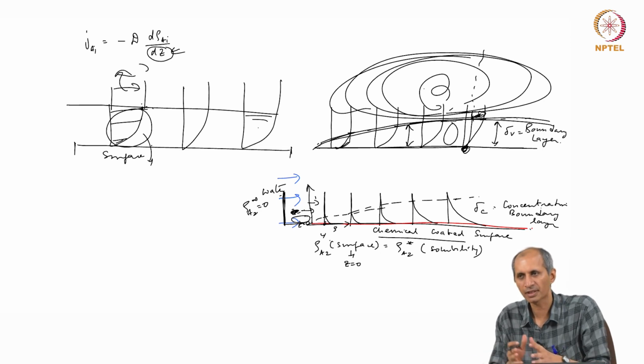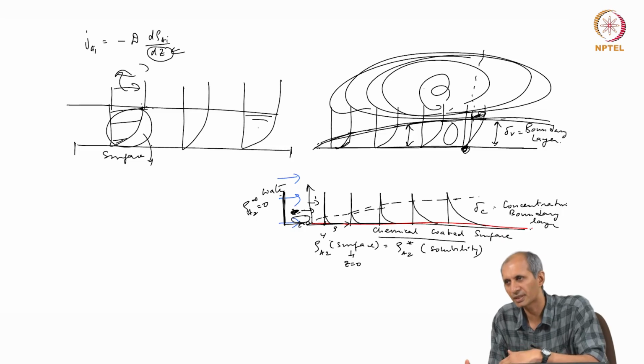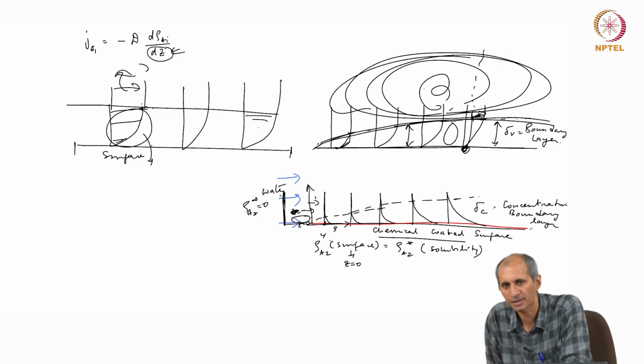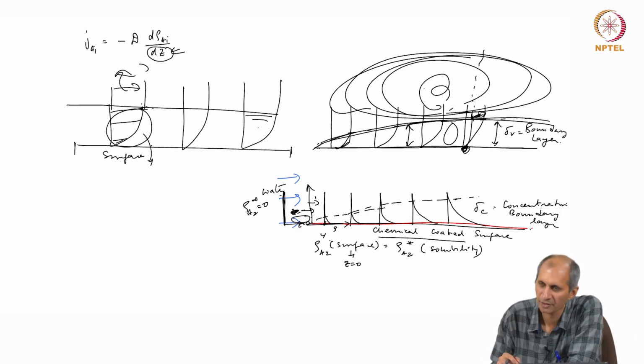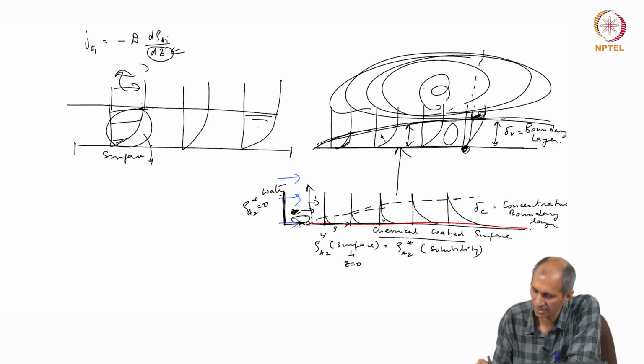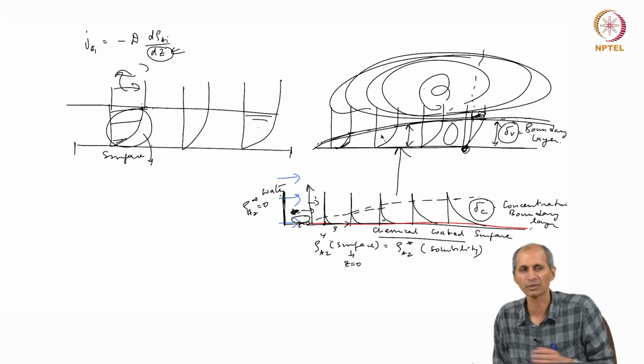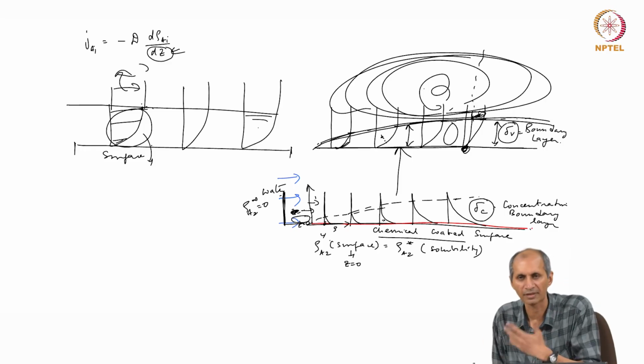This is a chemical that is accumulating in a fluid as it is passing along a surface. The way mass transfer occurs in this region is a result of this. These two are related. So the extent of this delta C is related to delta V. Depending on how the structure of delta V is, the delta C will change.